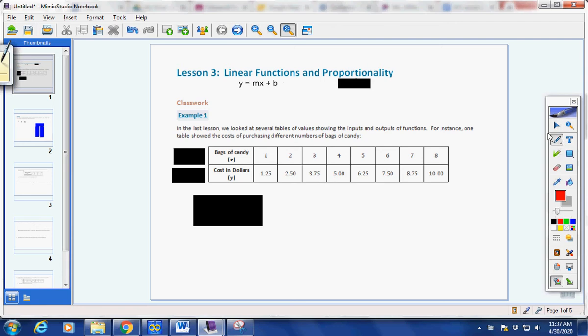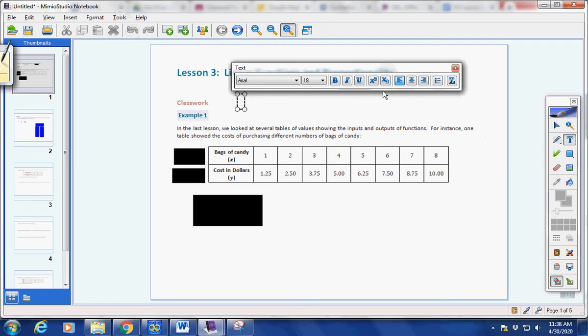So if you remember, m right here, that's our constant, or we would refer to it as slope. Oh goodness, that's slope. Let's see if I can do better. So that stands for slope, or represents slope, I should say.